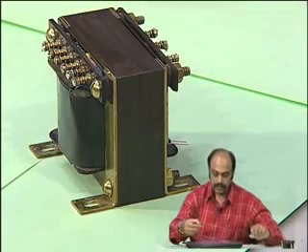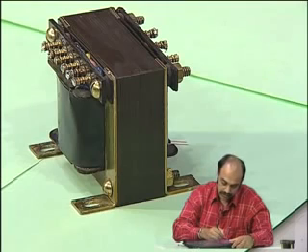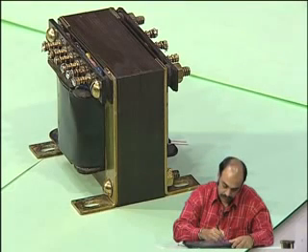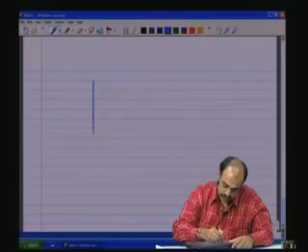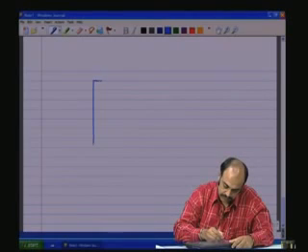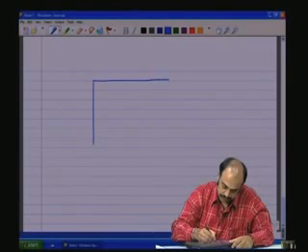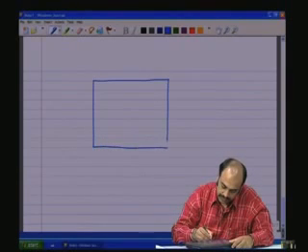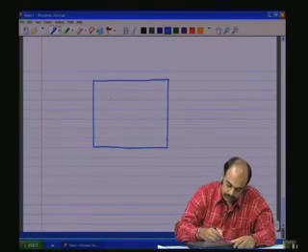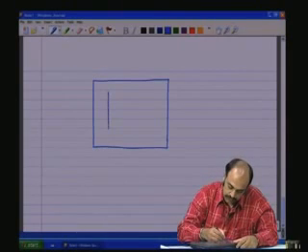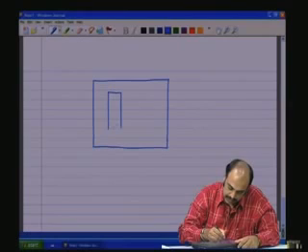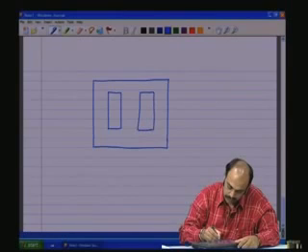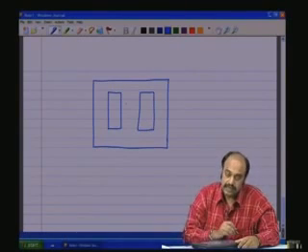Let me give you a better idea by drawing the two-dimensional view. The core will be something like this. We have this rectangular solid block, and then we have a central limb.